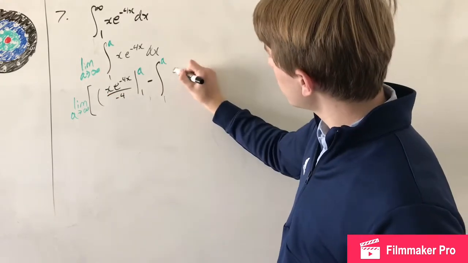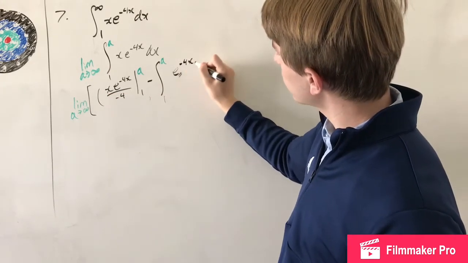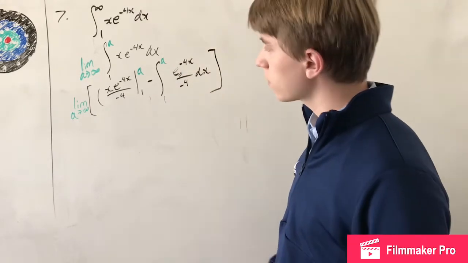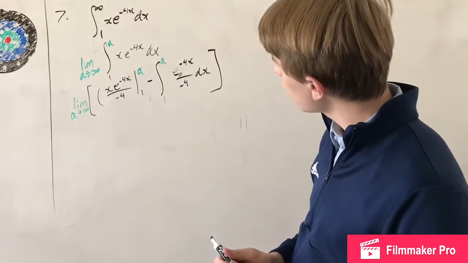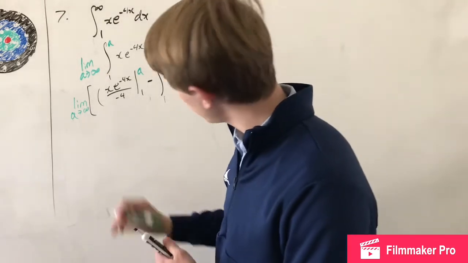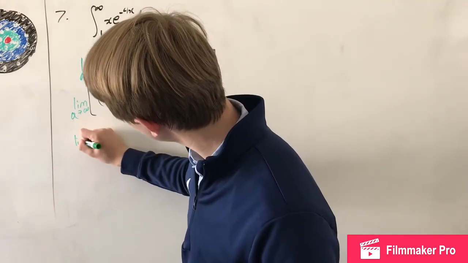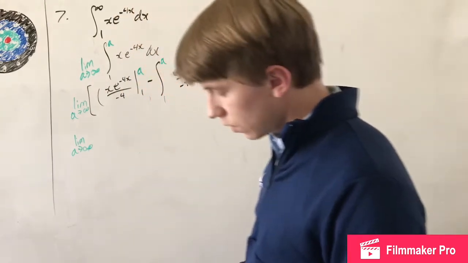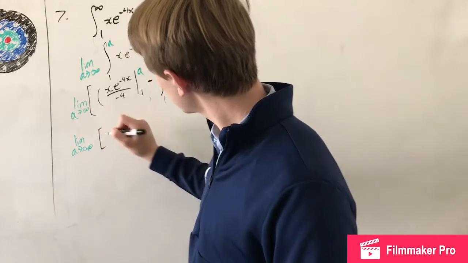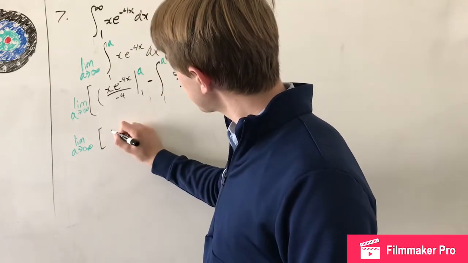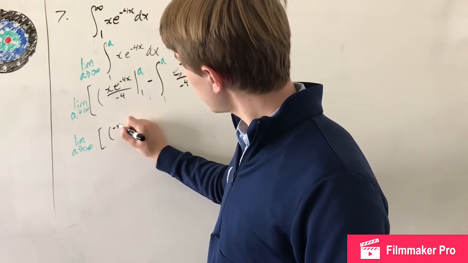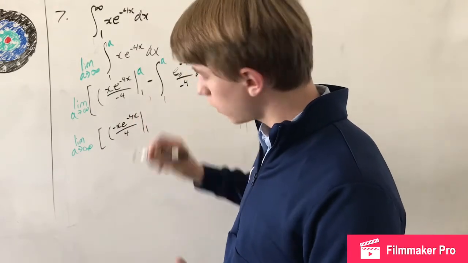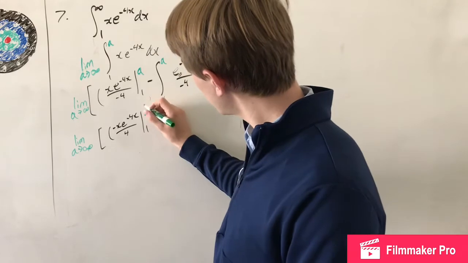So we just have e to the negative 4x over negative 4 dx. Okay? So, what do we get? We get still the limit, a approaches infinity of negative x e to the negative 4x over 4 from 1 to a.